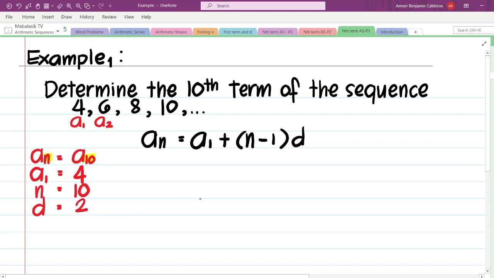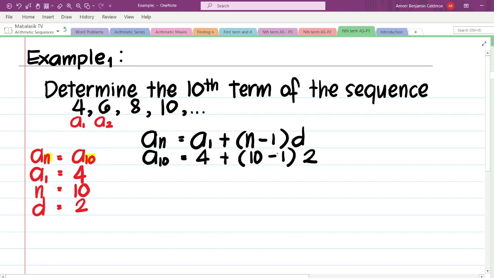Therefore, our common difference is 2. After listing down everything from the problem, then we can now just plug these in our formula. So we have a sub n, which is a sub 10, that's equal to a sub 1, 4, plus the quantity of n, that is 10 minus 1 times d, which is 2.